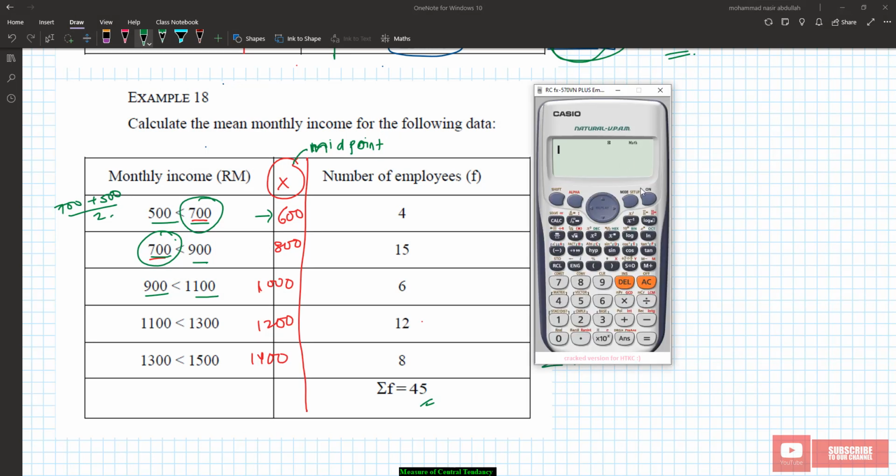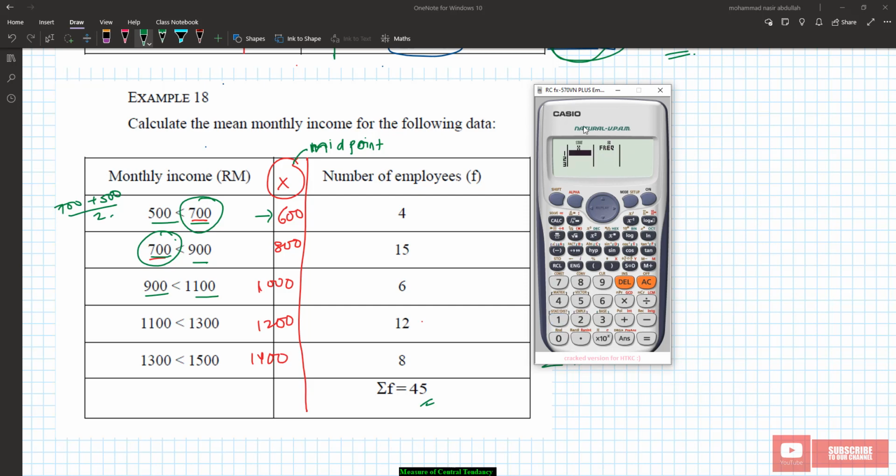Again, the first step is click on Shift Mode, then scroll down and find Stat, number 4 Stat, and click on Frequency On. Then you click on Mode one time, find Stat here, number 3, and find 1-variable.